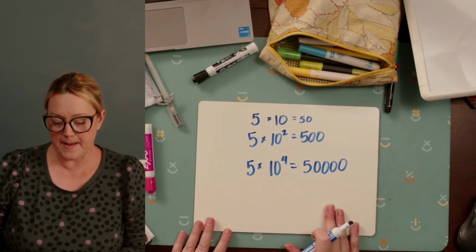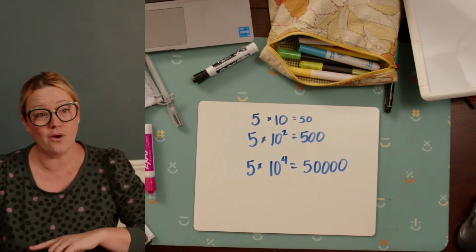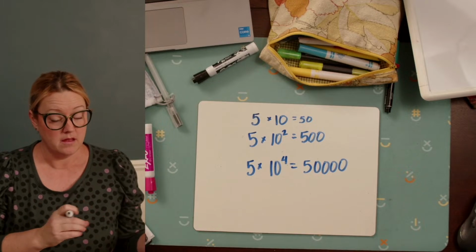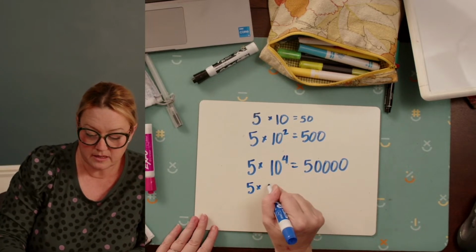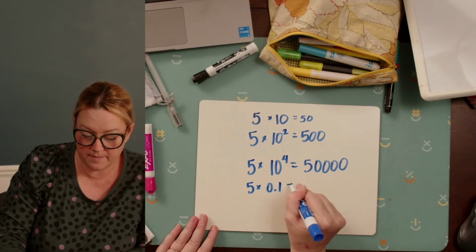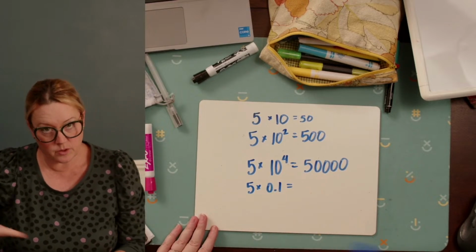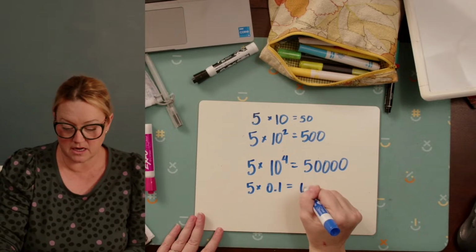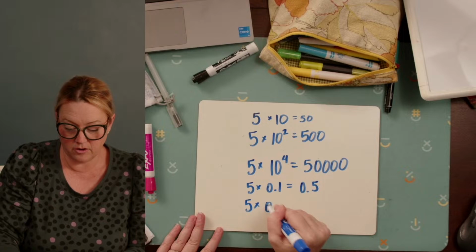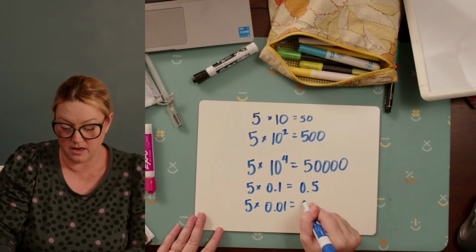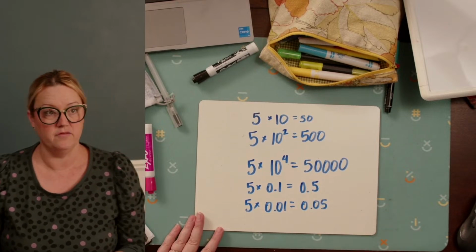Okay, but I can also go the other way, right? If I did 5 times 0.1, that's going to move my decimal to the left 1 spot, so that gives me 0.5. 5 times 0.01 gives me 0.05. Okay?